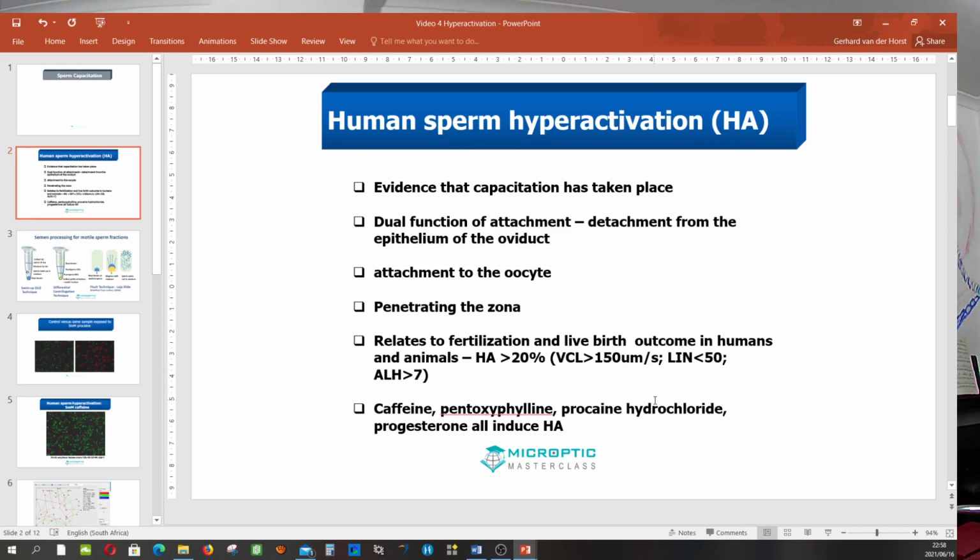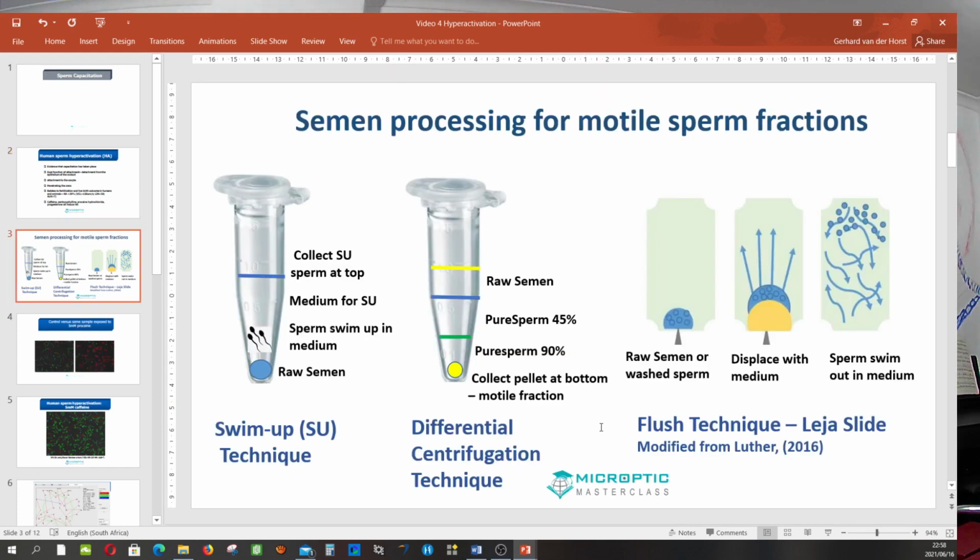In order to be able to do this in the laboratory, in other words, to challenge sperm and see functionally how good they are, there are a whole range of substances such as caffeine and progesterone that will all induce hyperactivation.